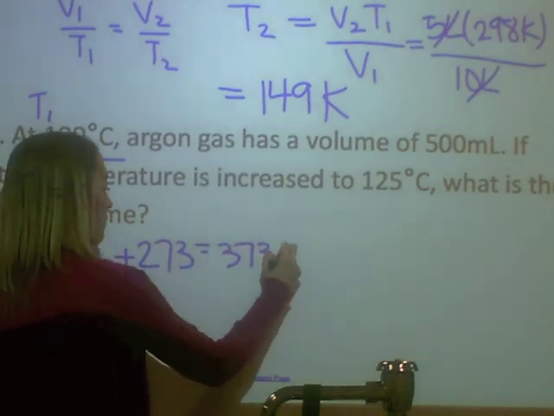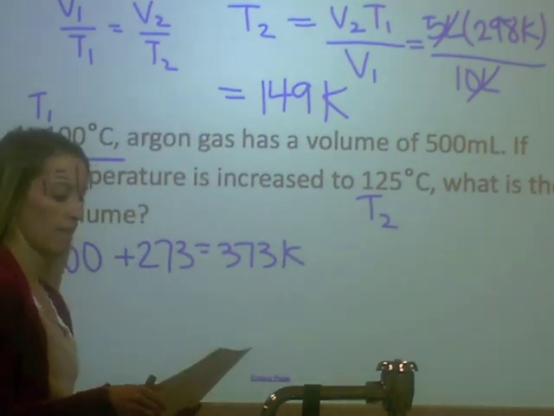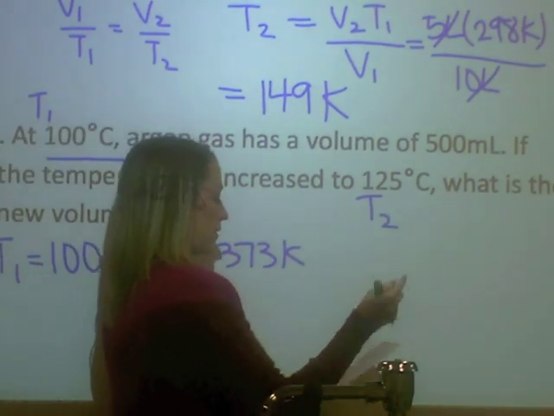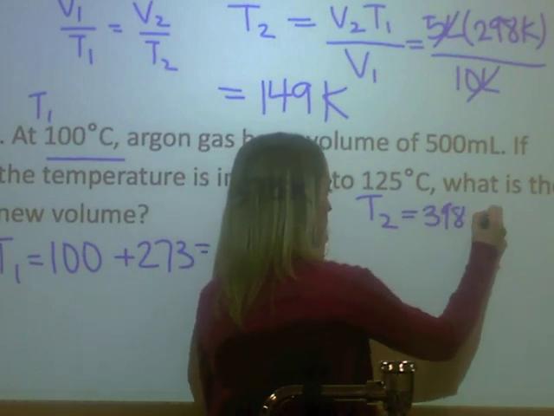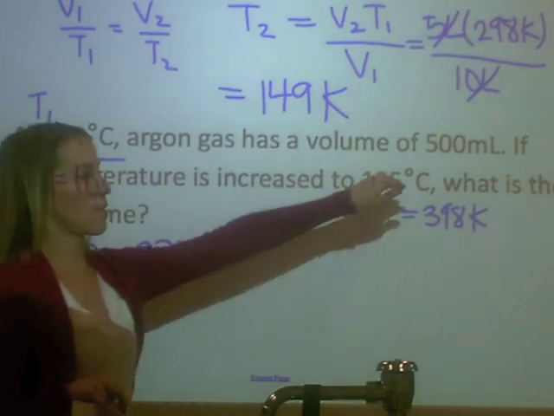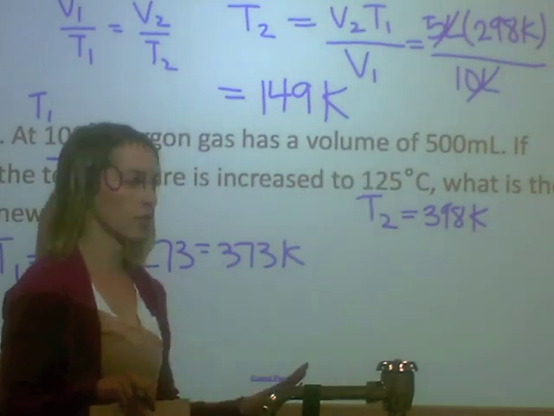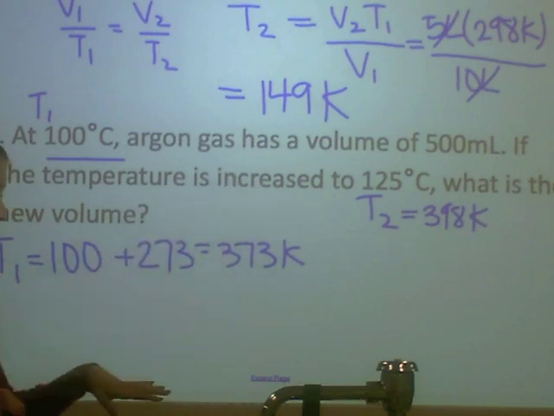So I get 373 Kelvin. For my T2, I take 125 plus 273, and I get 398 Kelvin. My volume, I'm just going to leave in milliliters, so I don't need to change any of that. It doesn't ask me for a specific unit for my volume, so I can leave it alone.